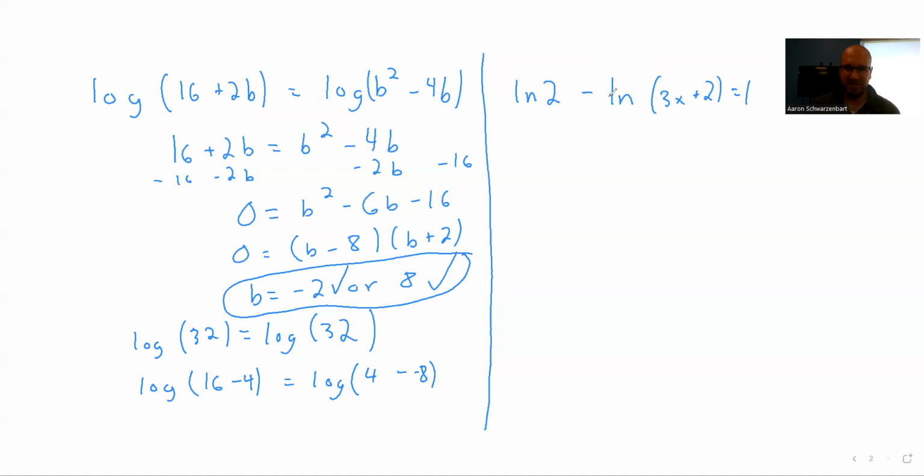This minus here, since there's nothing in front of the ln's, I can combine them and get a division. Now I'm going to convert to exponential form. Just to be really clear, I'm going to rewrite the ln to make the conversion look easier. So that becomes e to the first equals what's inside.